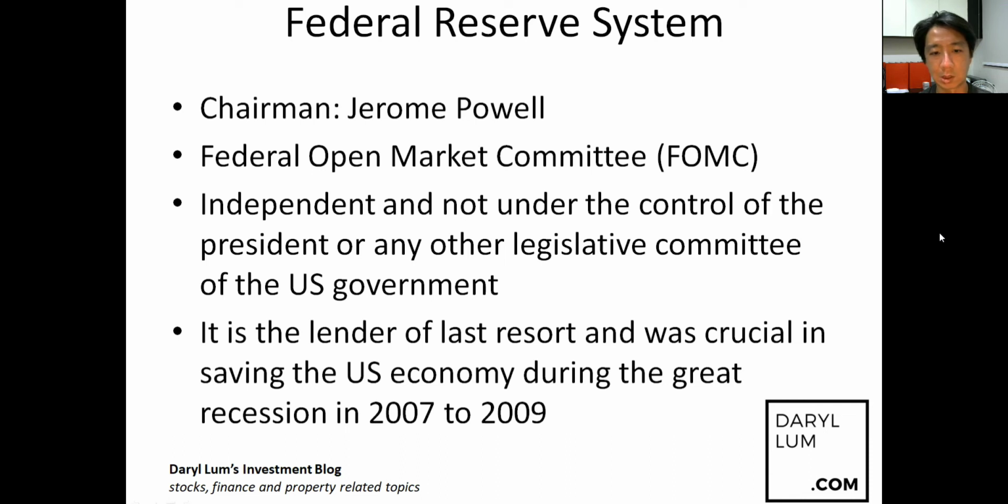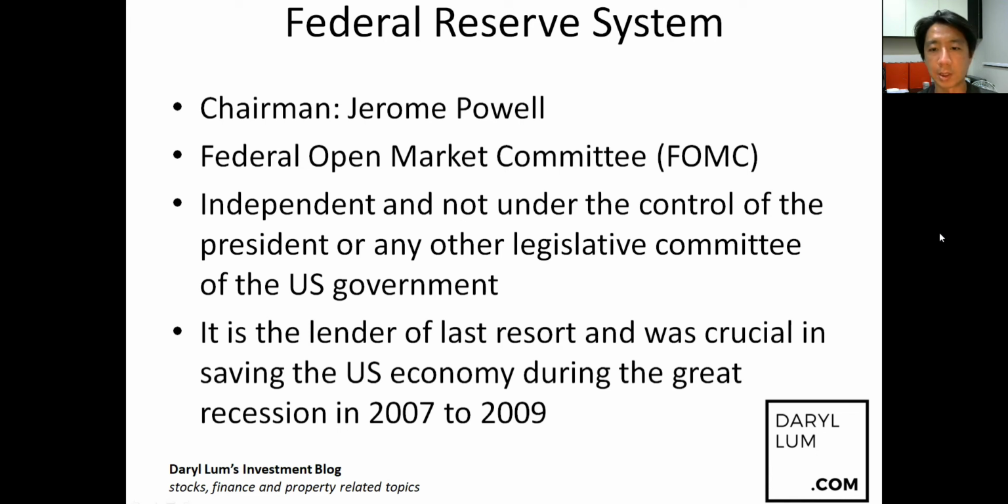Okay, it's actually the lender of last resort, and the Fed played a very key role. It was crucial in saving the US economy during the Great Recession in 2007 to 2009. I'm quite sure that a lot of people are very familiar with the Great Recession. What happened was that the US economy was actually going under. Even an investment bank like Lehman Brothers fell.